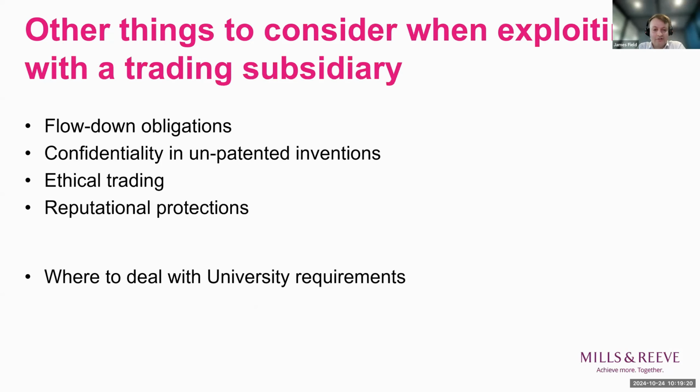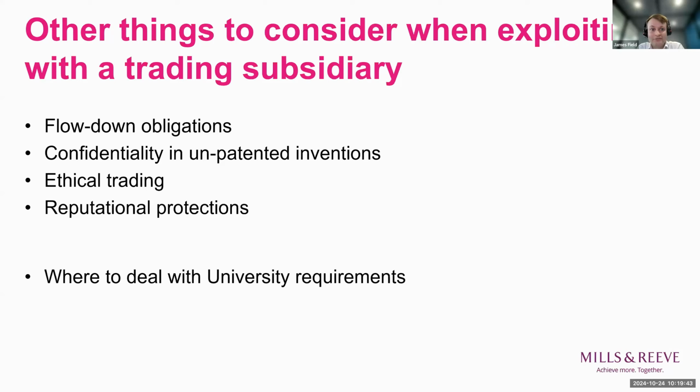Whatever type of agreement the university chooses to enter into with the subsidiary, there are other things that need to be considered as well. So the first of these are flow down obligations. Basically here, what we mean is, are there any obligations on the university in relation to the IP that need to be flowed down to ensure that the trading subsidiary complies with them as well?